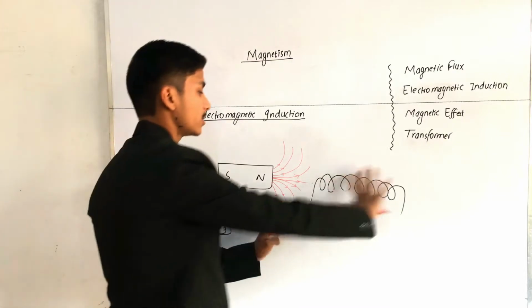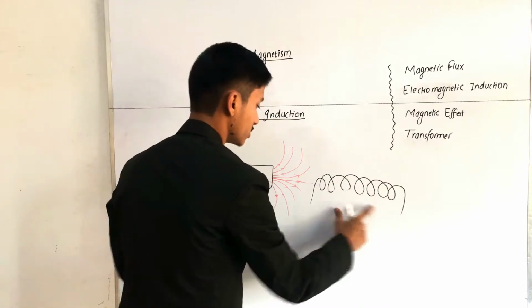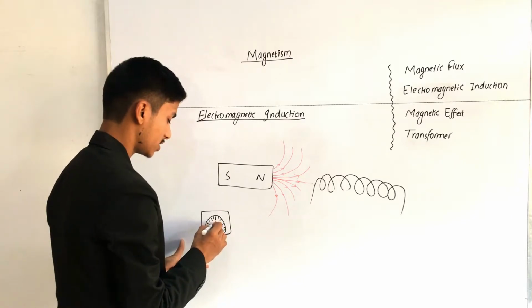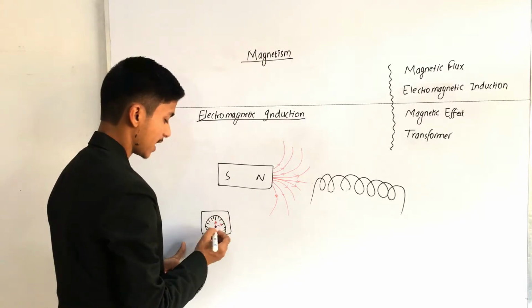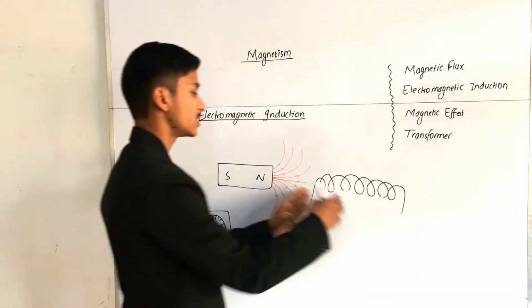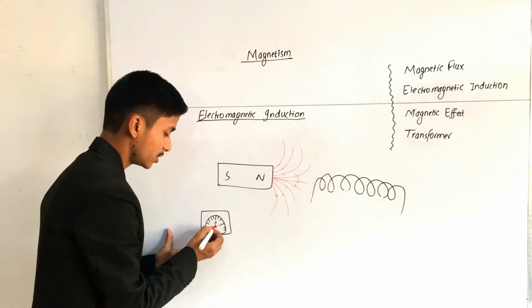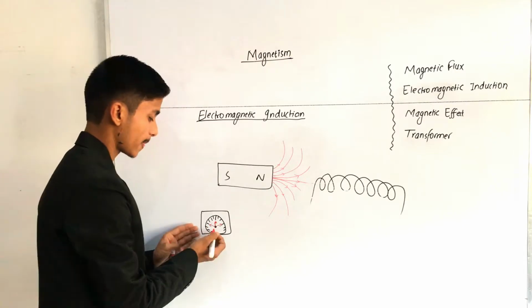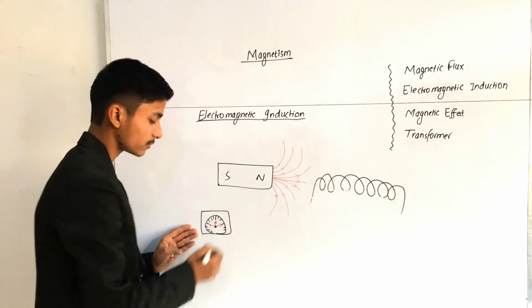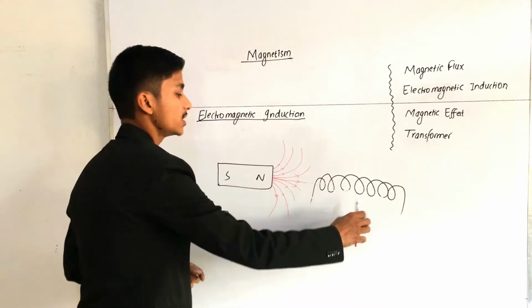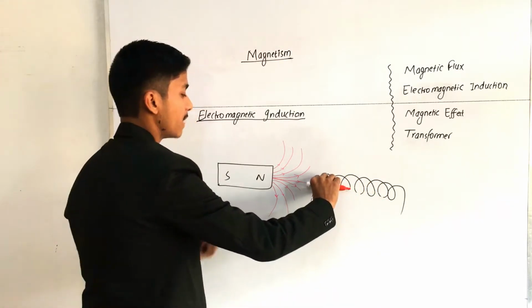And when it is kept at rest, the galvanometer shows at the center. When this coil is moved away from this magnet, it goes in the opposite direction. It shows three directions. What happens when this coil is brought near this magnet?